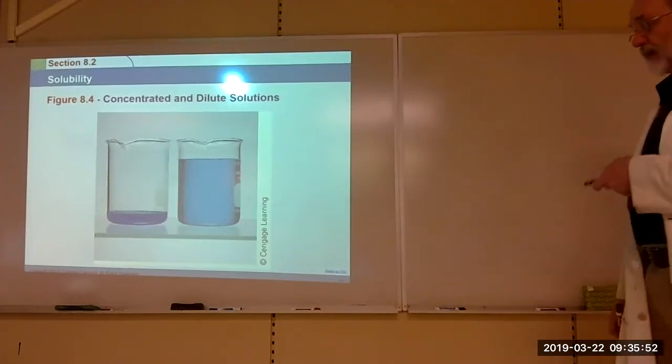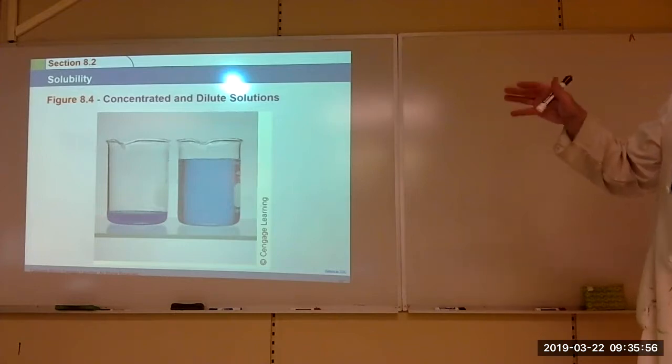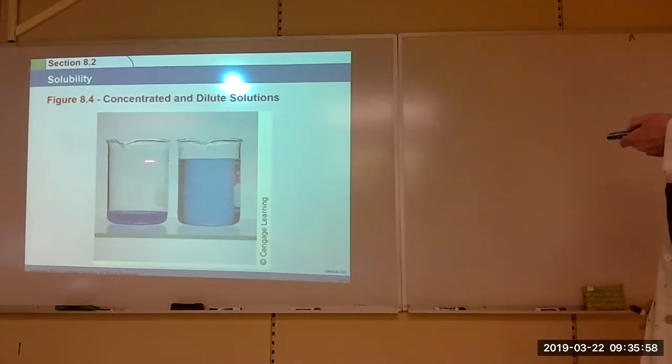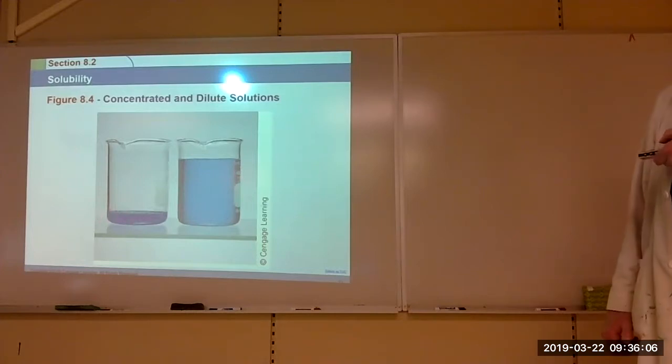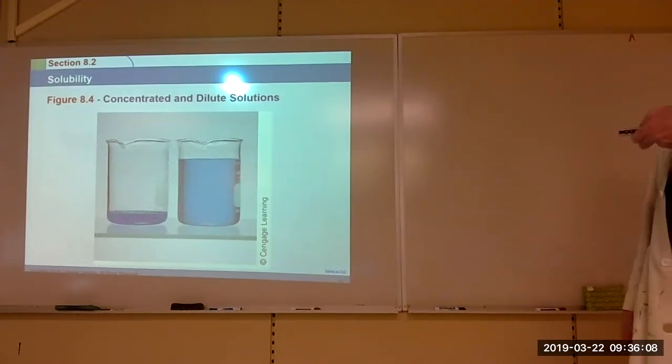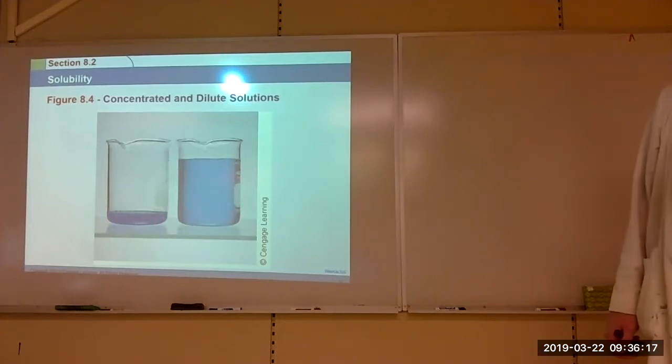My guess is that you've got the same amount of that blue dye, or whatever chemical makes it blue, the same amount by mass in both beakers. Only in this one you have a lot of solvent, and in this one you have just a little bit of solvent. So the concentration is much higher over here, because for every milliliter you have more of the solute than for every milliliter here.